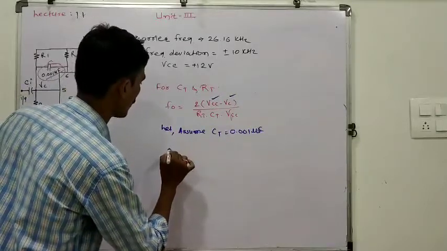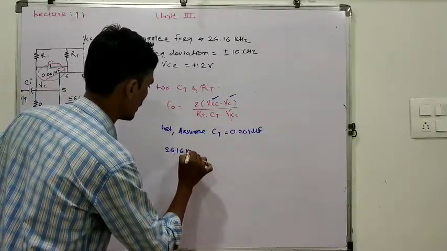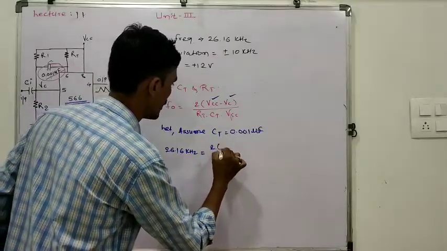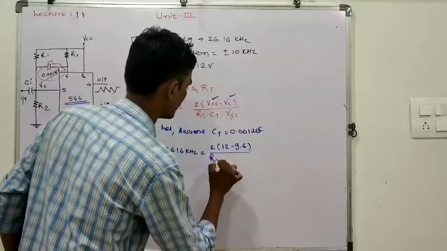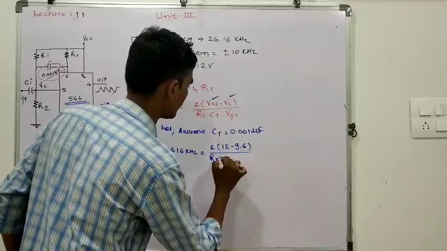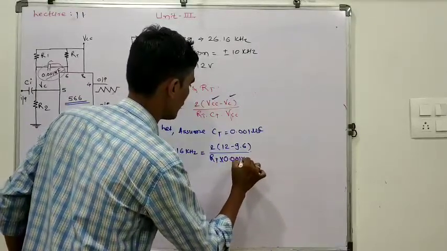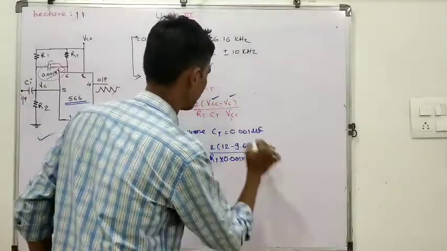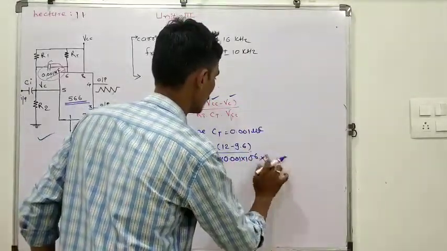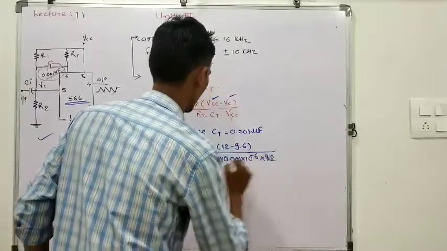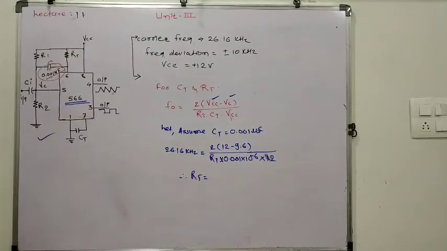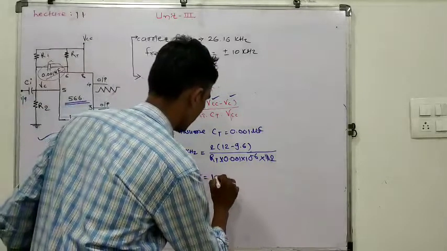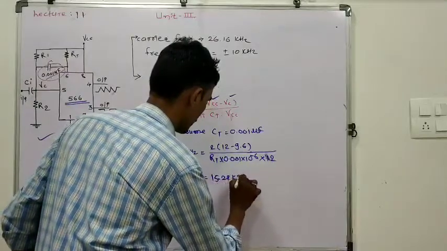So F0 is equal to what? 26.16 kilohertz is equal to 2 into (12 minus 9.6) divided by RT into 0.001 into 10 raised to power minus 6 into VCC, which is 12 volt. Therefore, we get the value of RT. RT is equal to 15.28, about 15 kilo ohms.